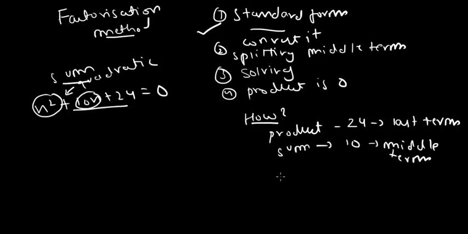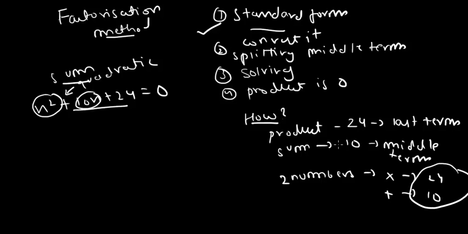So you need two numbers whose multiplication product gives you 24 and summation gives you 10. Let us find such two numbers.